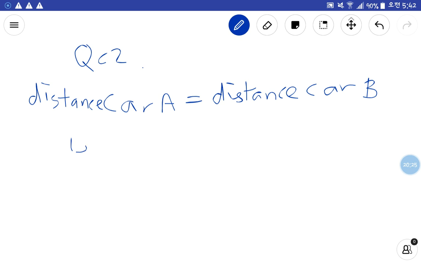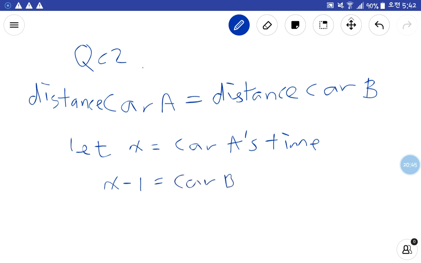Okay, so let x be car A's time. Then I can replace it with x minus 1 this time, because what did they say? 1 hour later. So x minus 1 would be car B's time.